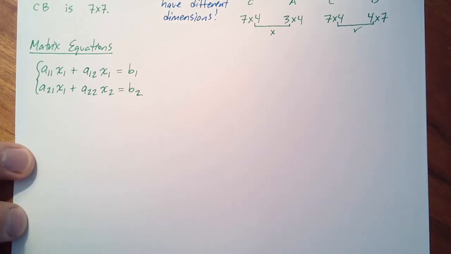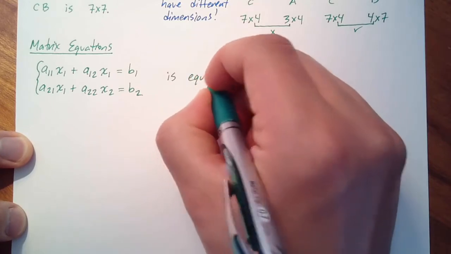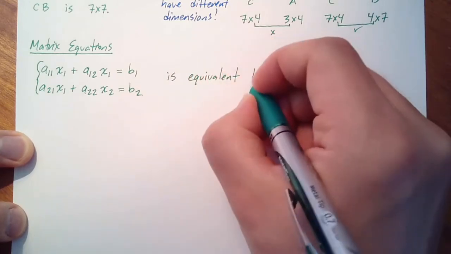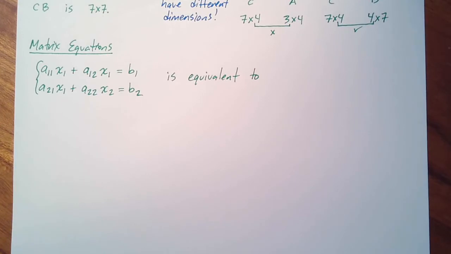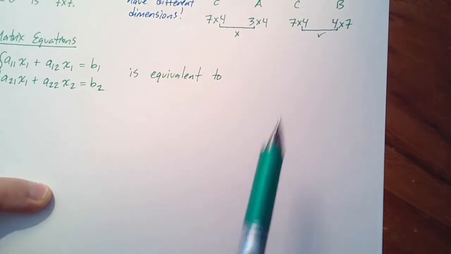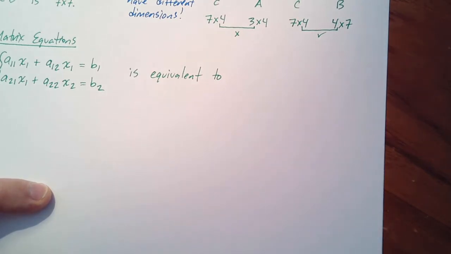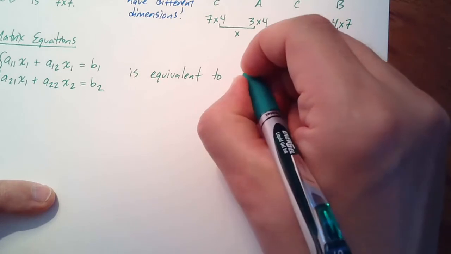And the first observation we're going to make is that this is equivalent to another equation, a matrix equation, an equation in which the left-hand side and the right-hand side are both going to be a 2x1 matrix.